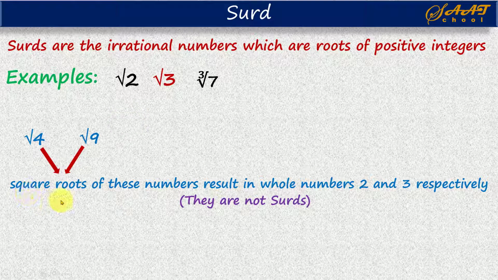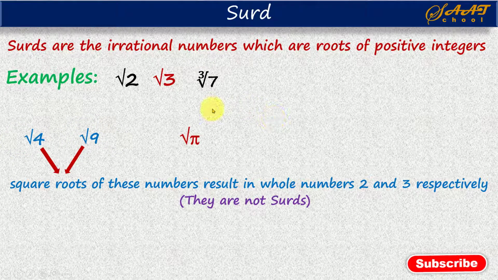If you find square roots of these numbers, that will result in a whole number, like from root under 4 you will get 2 and from root under 9 you will get 3. That's why they are not surds. Again, to be a surd, the number should be irrational, but this is not an irrational number and this is not either.